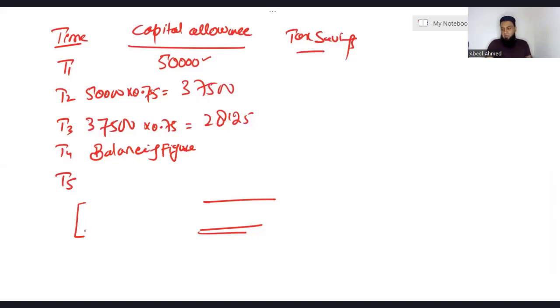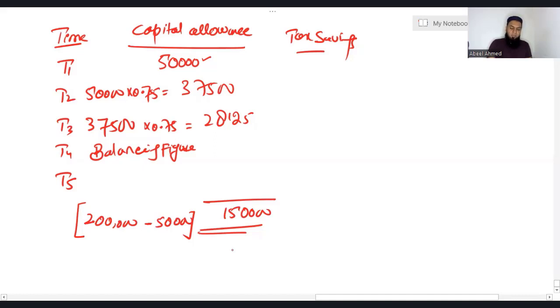So the cost is 200,000 minus the residual value, which is 50,000, given in the question. So logically, the depreciable cost is 150,000.